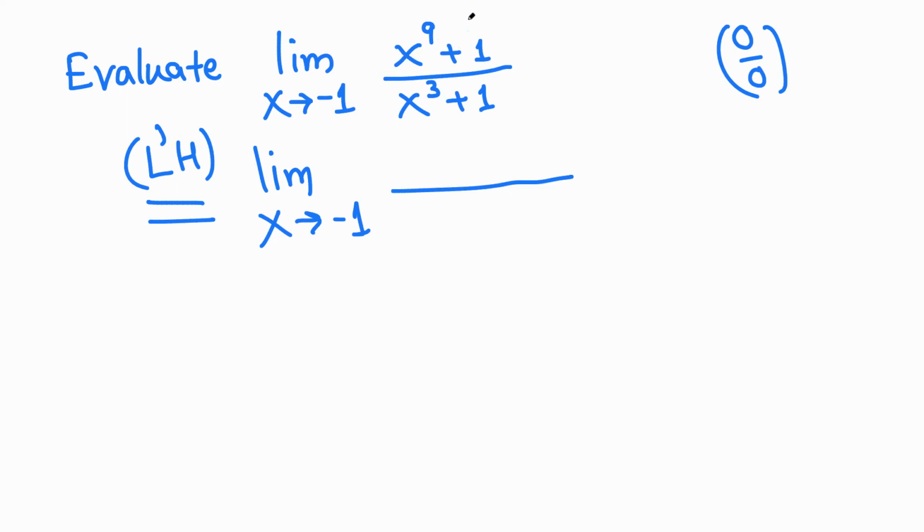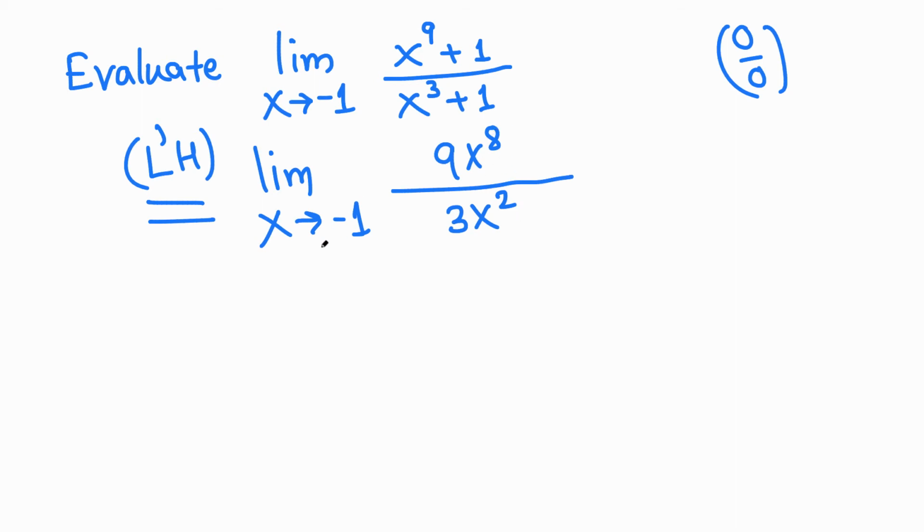So we find the derivative of the top on the top and the derivative of the bottom on the bottom, which is 9x^8 from the power rule, plus the derivative of 1 is 0, so plus 0 does not count. Similarly 3x squared.